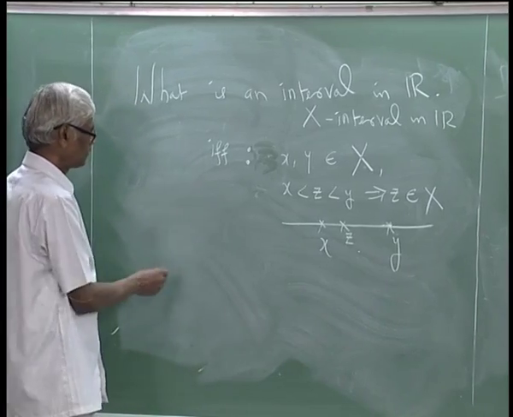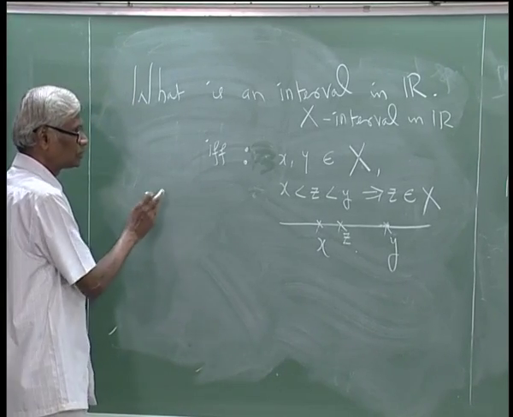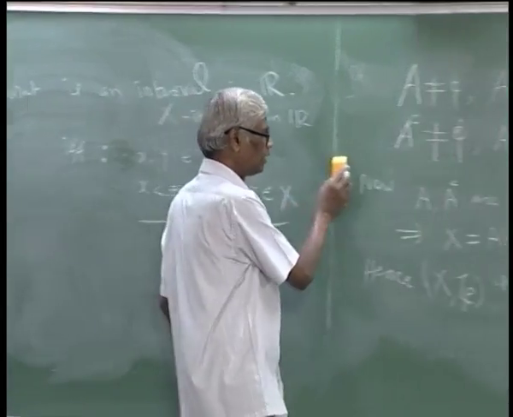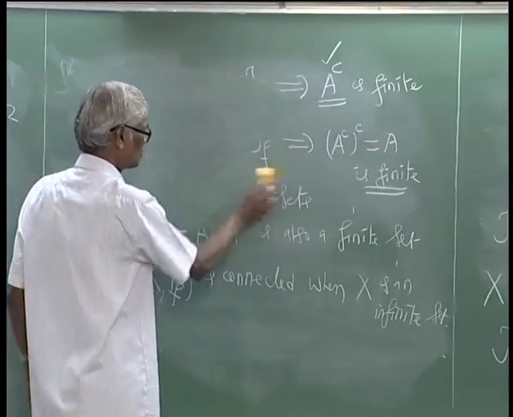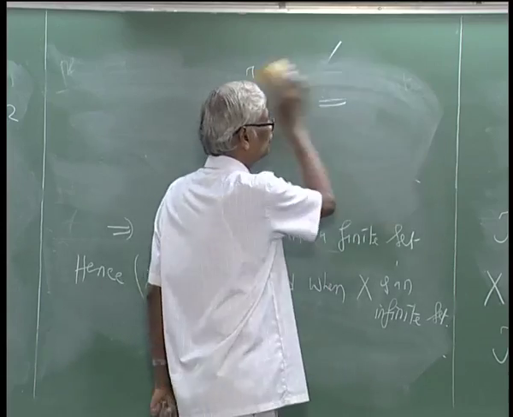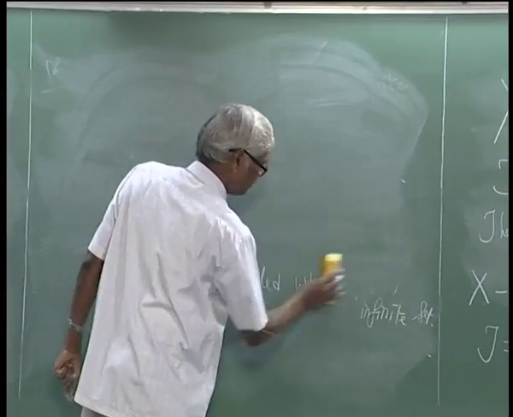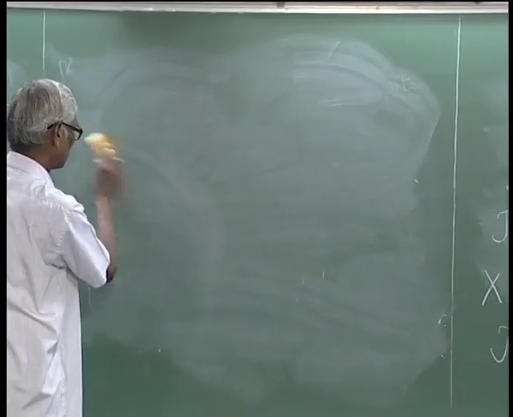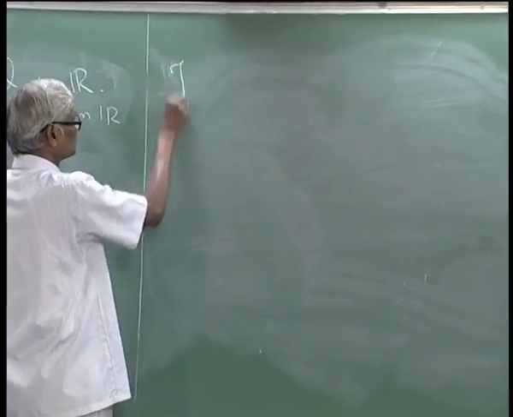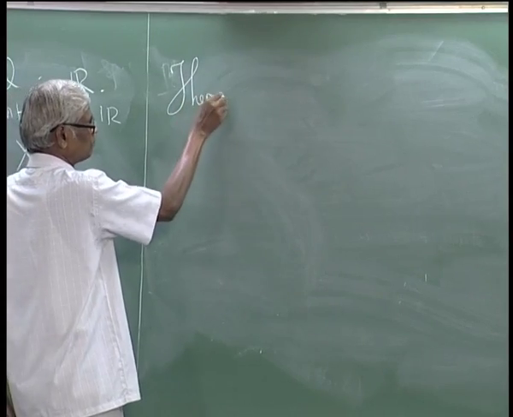So, now let us assume that X is an interval containing at least 2 real numbers, then let us prove that it is a connected set. In fact, it is a nice theorem.